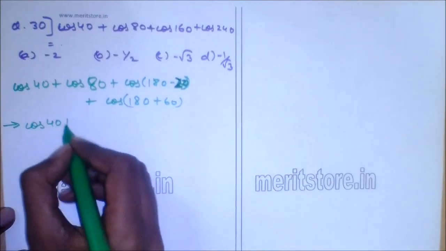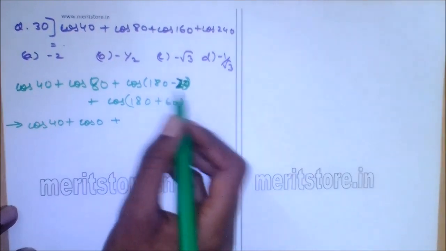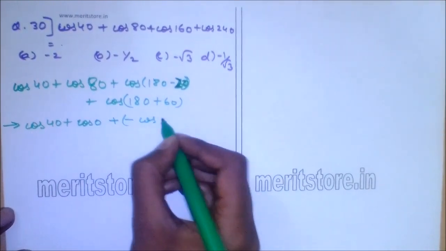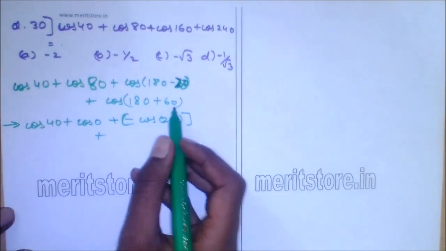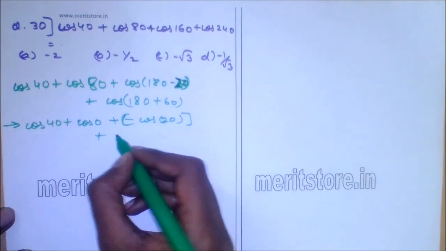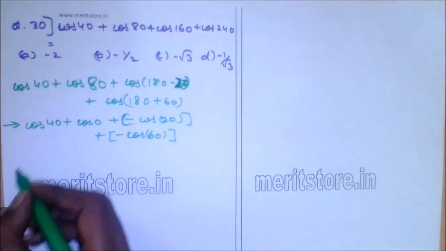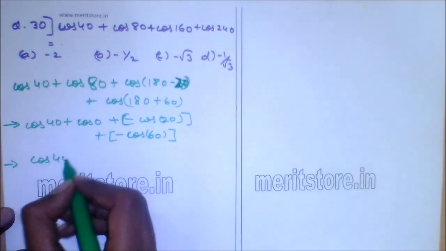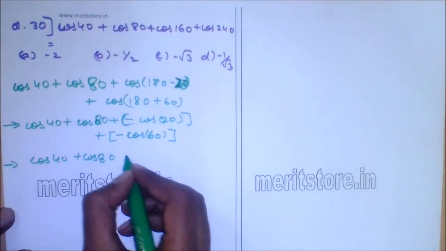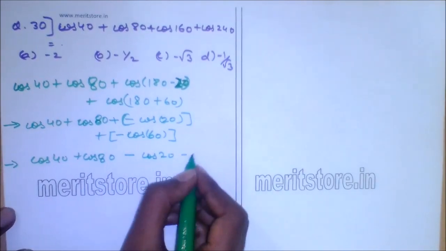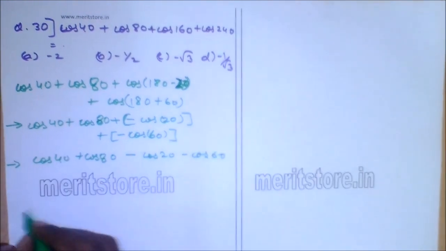So this remains the same, cos 40 plus cos 80. Cos 180 minus theta is minus cos of 20. Similarly, cos 180 plus theta is minus cos of theta, that is minus cos of 60. That is cos of 40 plus cos 80 minus cos 20 minus cos 60. Now we use the cos A plus cos B rule.